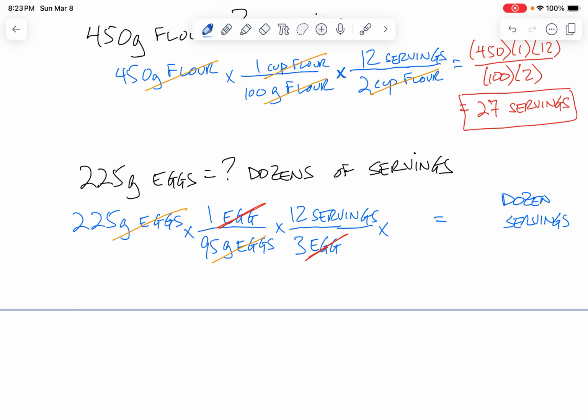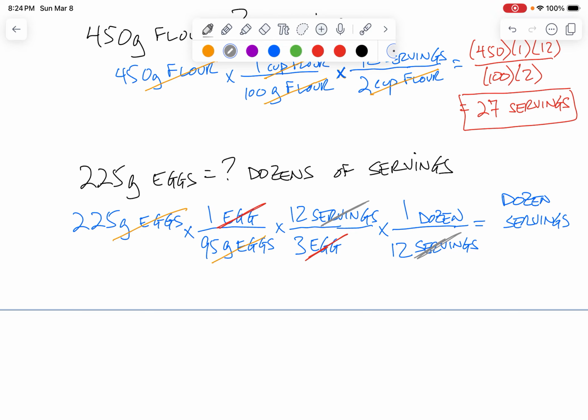So I'm going to add in servings and then dozen up here. And then I'm going to put for every 1 dozen, there's 12 servings. All right. And so let's cancel out some units here. Servings are going to cancel. And I'm left with dozens, which is what we want.